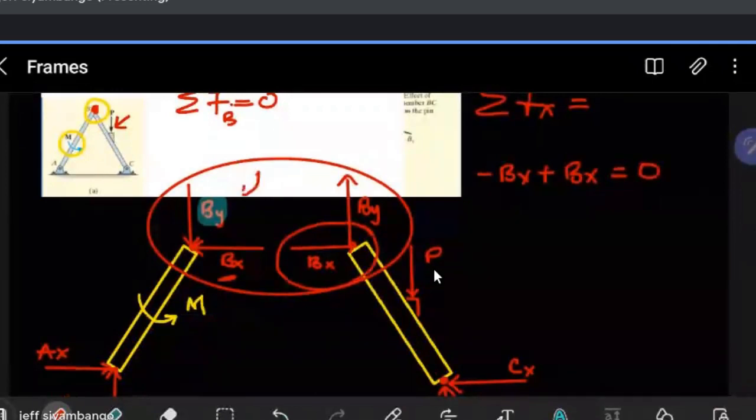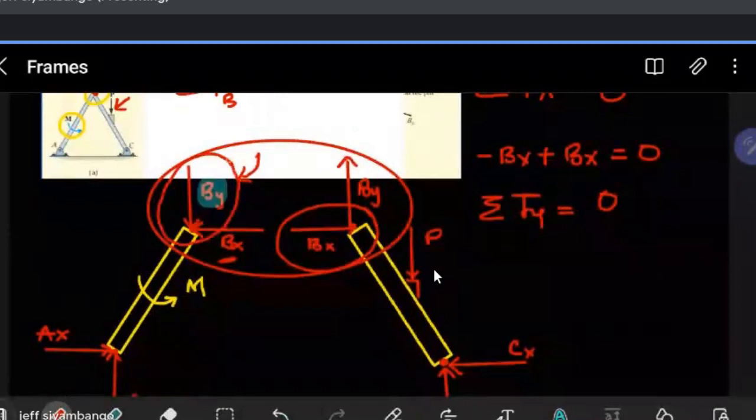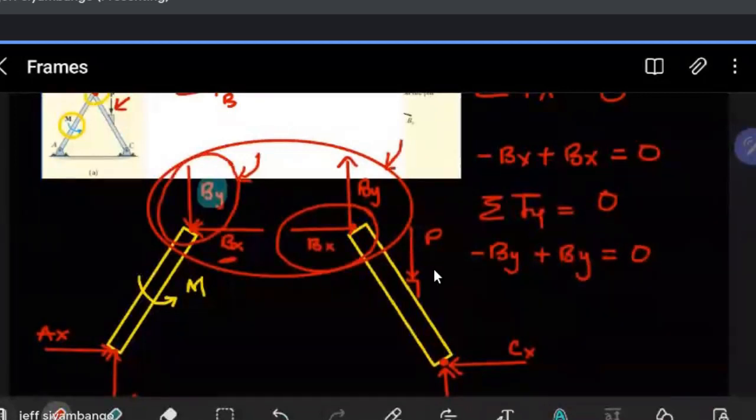If you sum them in the y-axis, you get 0 as well, because it has to obey equilibrium. From this diagram, BY is going down, so you get BY going down, minus, and from this part we get BY going up. What will imply this has to go up. Do you get that? Yeah, I get it now. Okay.